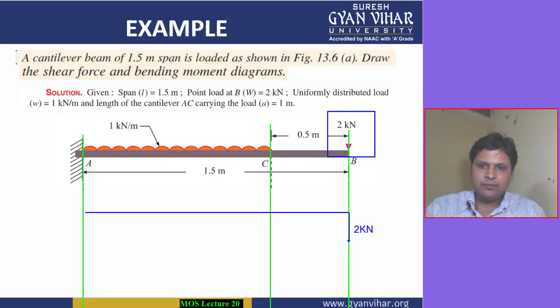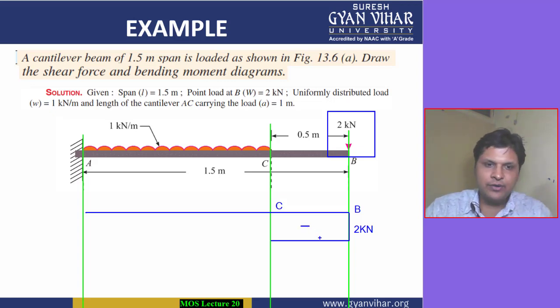Then from this point B to this point A to this point C, sorry, you don't have any load, means you will have to draw a horizontal line from here to here. It is negative. Below the baseline we always take the value negative, and since all the forces are going downwards, we will take negative value.